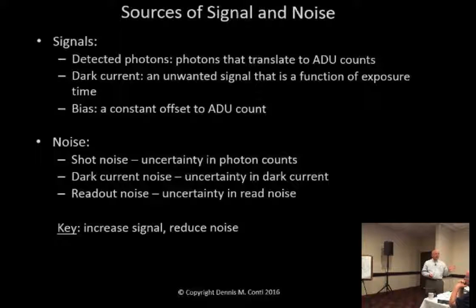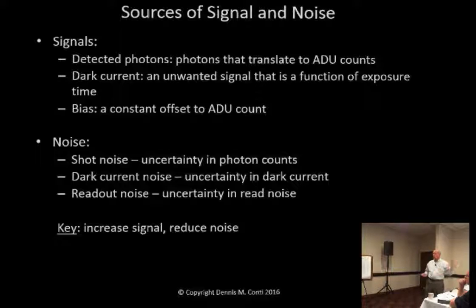Now, by noise, we're not talking about noise like you would traditionally think of. We're talking about uncertainty. So the question is, what are the uncertainties? When we talk about noise, that's what we mean, uncertainties. Well, one is the uncertainty in photon counts. That's to say, if you're looking at a star, all else being equal, there's a certain uncertainty just in the photons arriving at you. There's some noise in the dark current, that's to say, some uncertainty there.